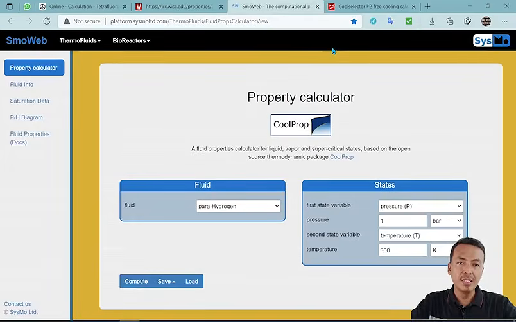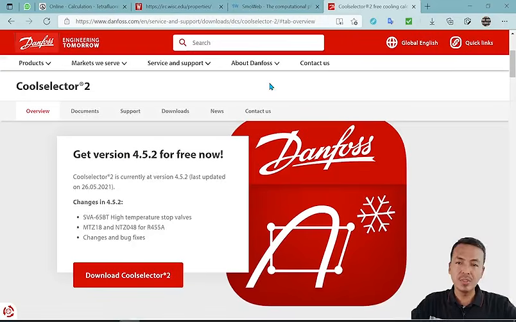It's called the Danfoss CoolSelector tool. The software is very useful to provide the enthalpy data, especially when you want to get the data for the calculation for your problems of the refrigeration process. You can Google Danfoss, because this is free software provided by Danfoss. Danfoss is a very big company that produces many components of refrigeration systems.